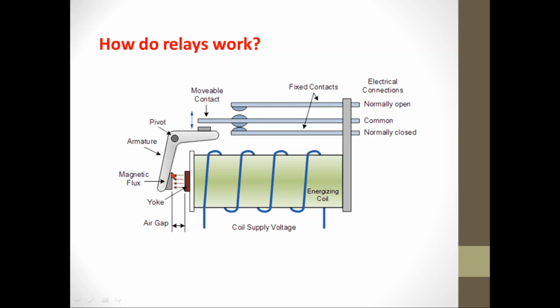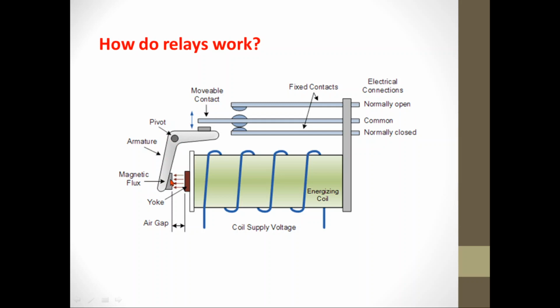this movable armature. Once it is attracted, this point here will be moved, or attached to this point. Since this is pivoted, it can freely move without being detached.